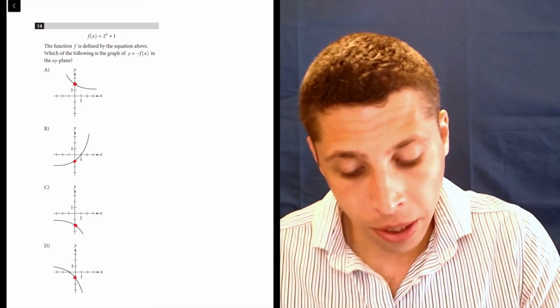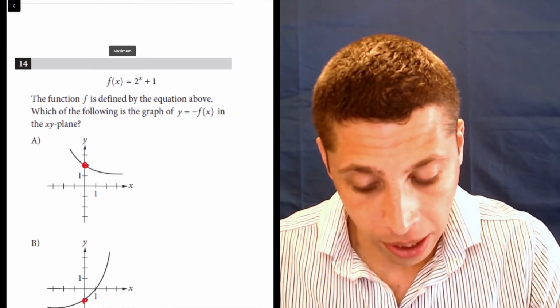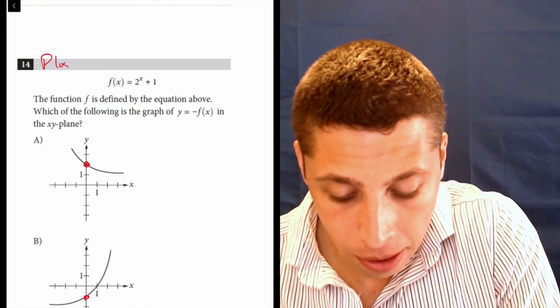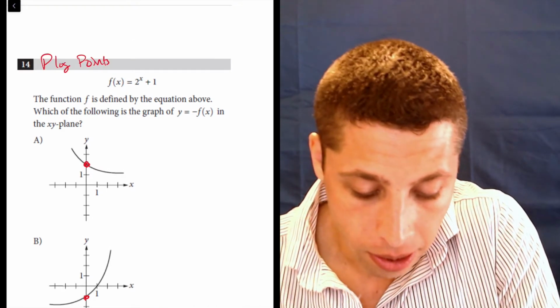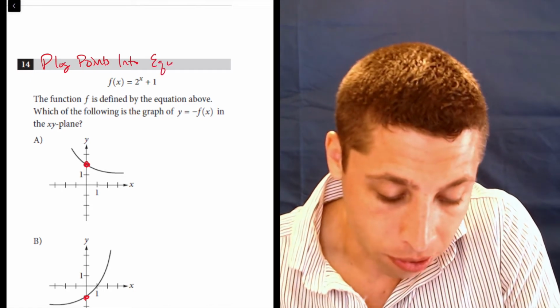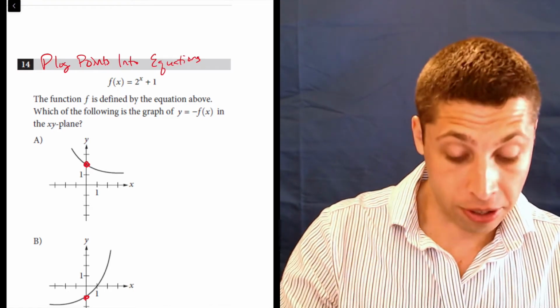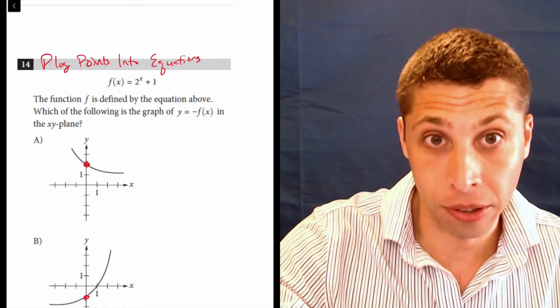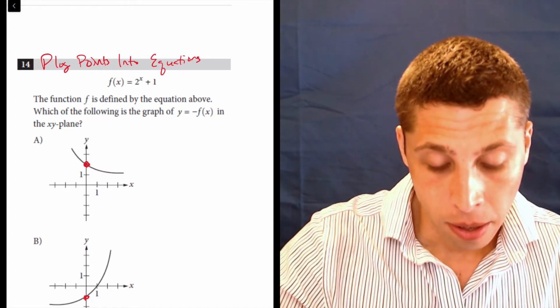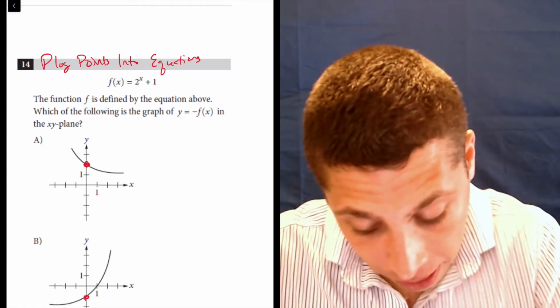So what we're going to do here is ignore the graphs for a second, and plug points into equations. I want to understand how this 1 point changes, the y-intercept, right? So I have to find out what is my original y-intercept, right? So that's going to be just about plugging in x is 0.